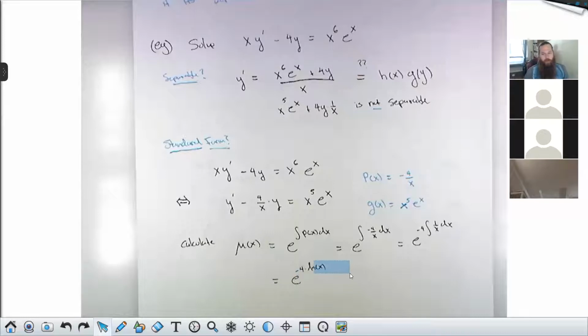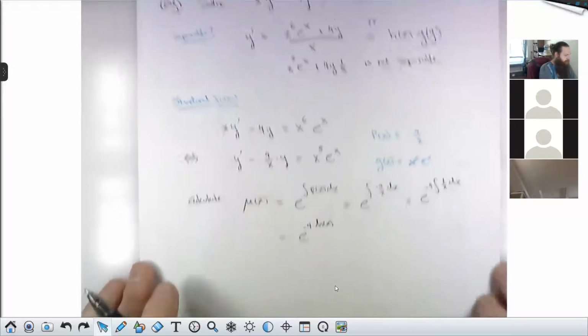You could include any particular plus c you wanted. But as a rule, we don't do any plus c's with this integral. We're just looking for e raised to some antiderivative. So this is a reasonable choice. I am assuming here that x is positive. If you wanted to avoid that, you could write absolute values, but we'll let that go.